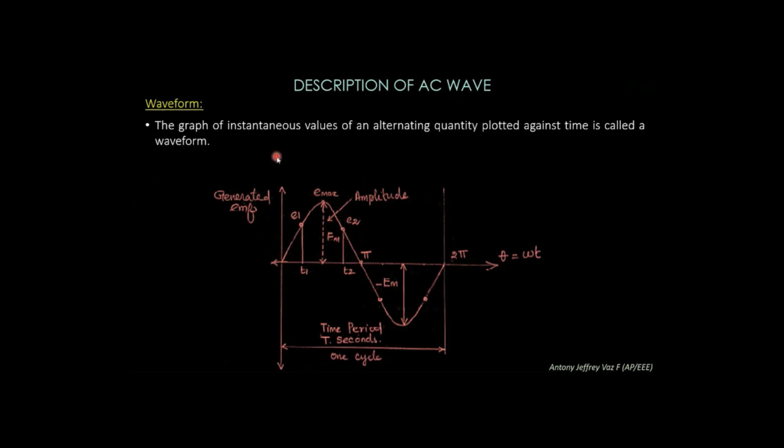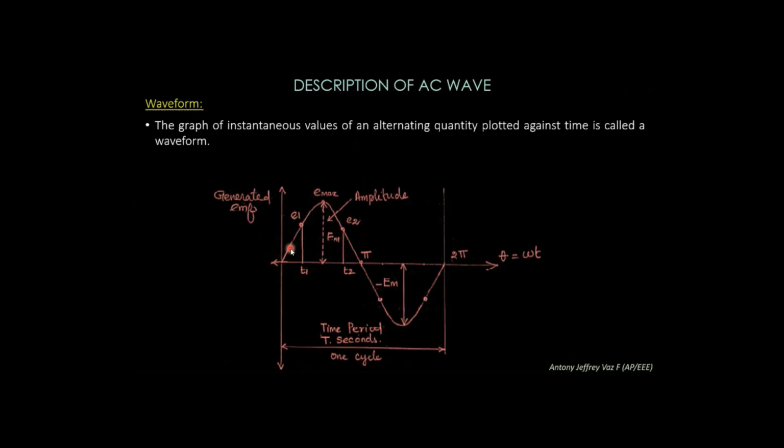Waveform. The graph of instantaneous value of alternating quantity plotted against time is called a waveform. So, if you have a lot of instantaneous values from E1 to En, you will get a number of instantaneous values at each time period.